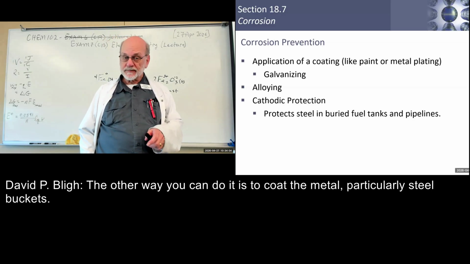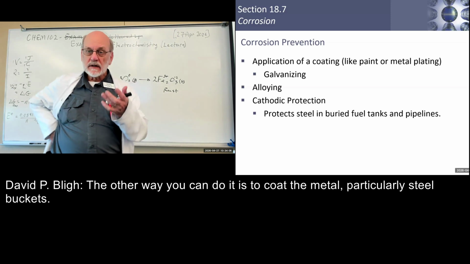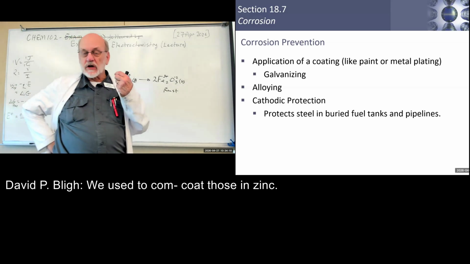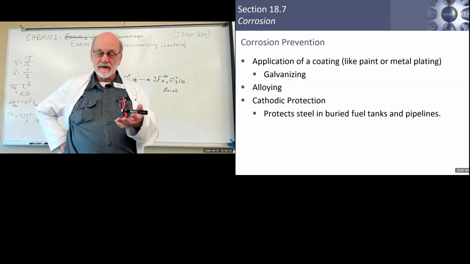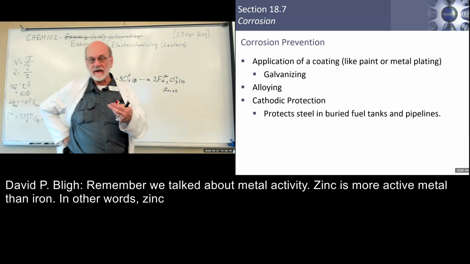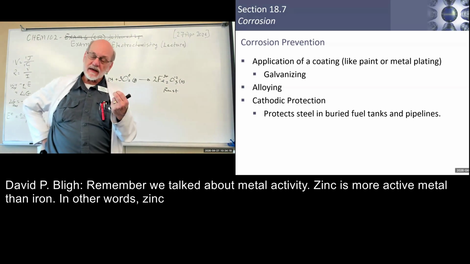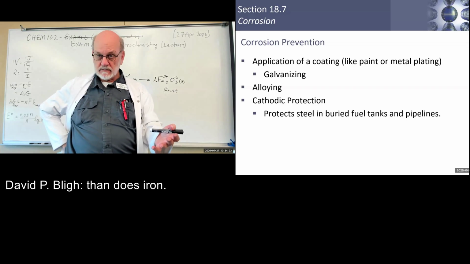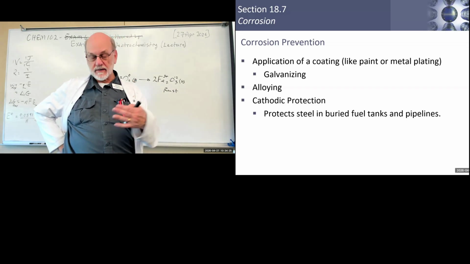The other way you can do it is to coat the metal, particularly steel buckets. We used to coat those in zinc. Remember, we talked about metal activity. Zinc is more active metal than iron. In other words, zinc has a higher potential for oxidation than does iron.